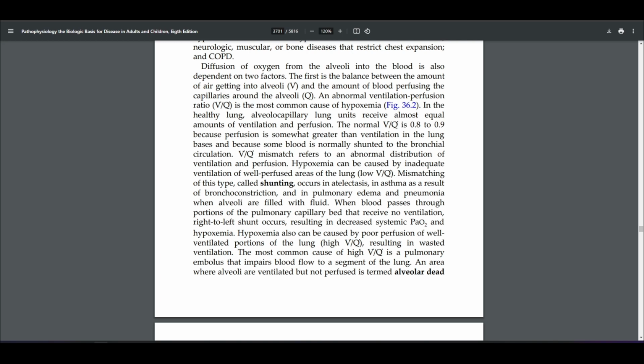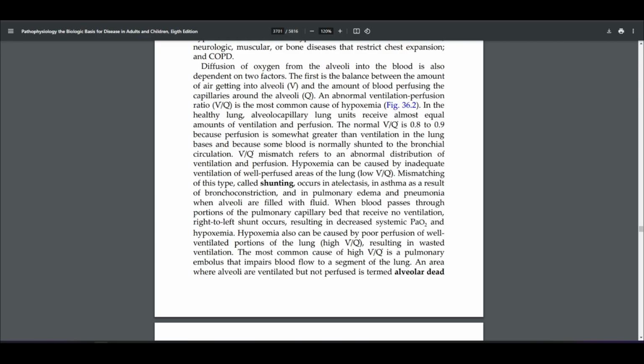VQ mismatch refers to an abnormal distribution of the ventilation and perfusion. Hypoxemia can be caused by inadequate ventilation of perfused areas of the lung, a low VQ. Mismatching of this type, called shunting, occurs in atelectasis, in asthma as a result of bronchoconstriction, and in pulmonary edema and pneumonia, where alveoli are filled with fluid.